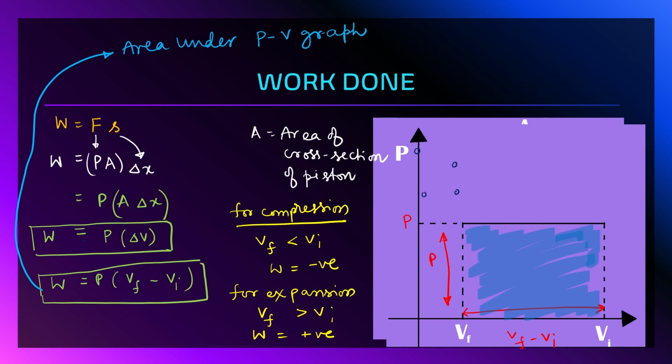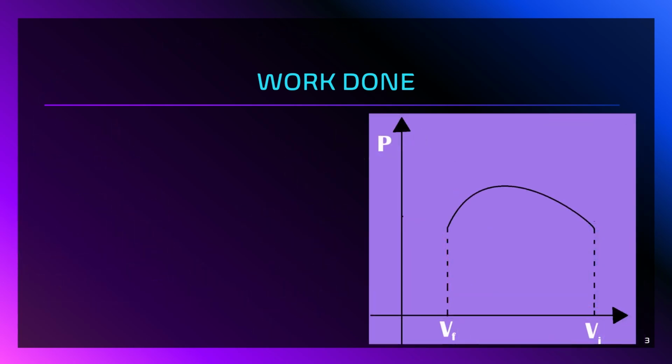So if you have understood this, and here the graph is too simple, what if the graph becomes complicated as in the next figure? Now look at this graph. Here finding the area is a little bit difficult. The definition remains the same. The area under the PV graph is going to be the work done. So how to find that?